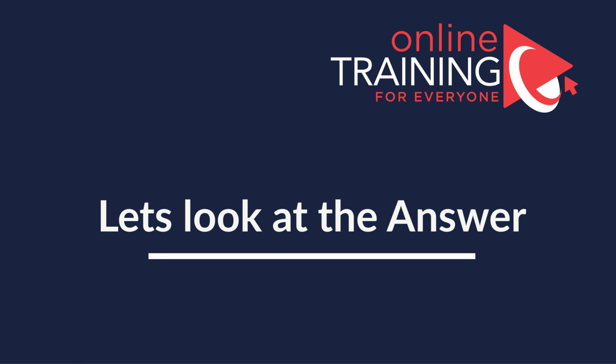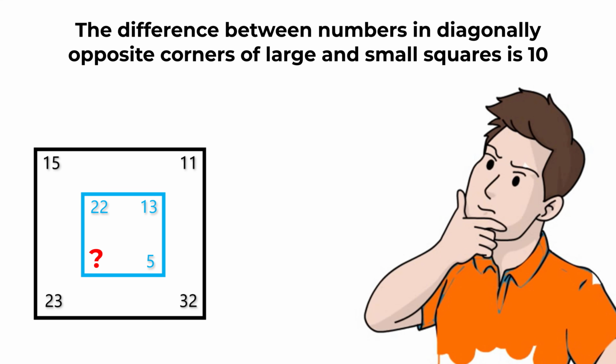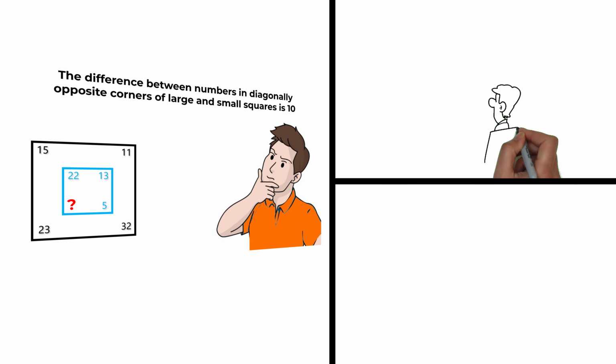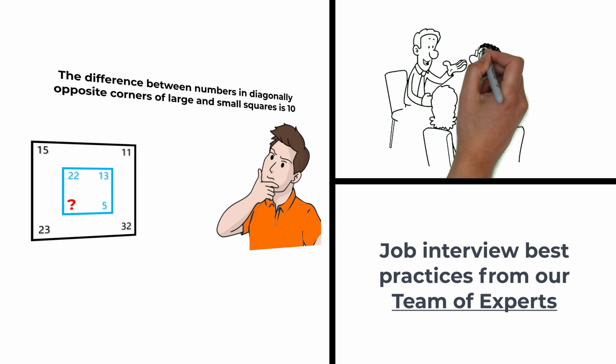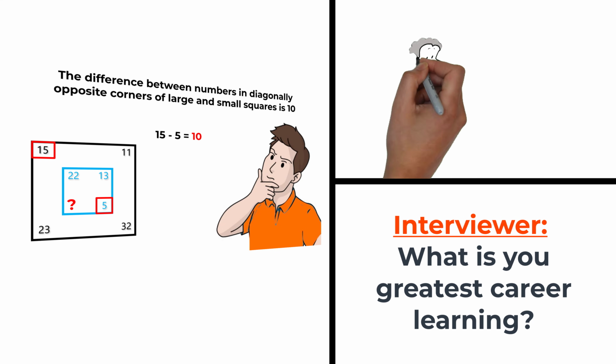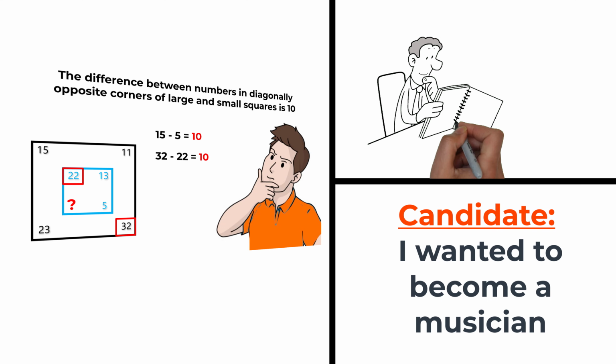As you might have guessed, the pattern here is that the difference between numbers in diagonally opposite corners of the larger and smaller squares is 10. For example, let's look at the upper left corner. The difference between 15 and 5 is 10. If we look at the bottom right corner, the difference between 32 and 22 is 10.